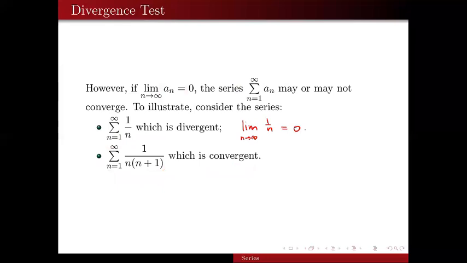And notice the limit of 1 over n times n plus 1 is also equal to 0. So if we only study the terms and we find that the limit is equal to 0, we don't have any conclusion. I mean, the series could be convergent or could be divergent. Okay?